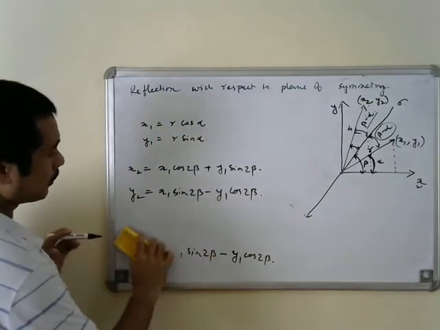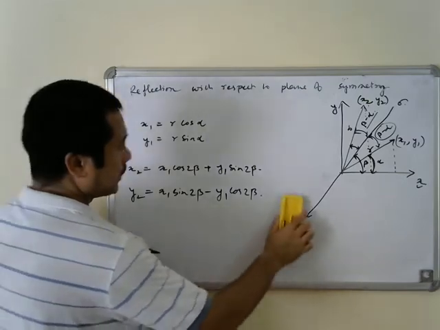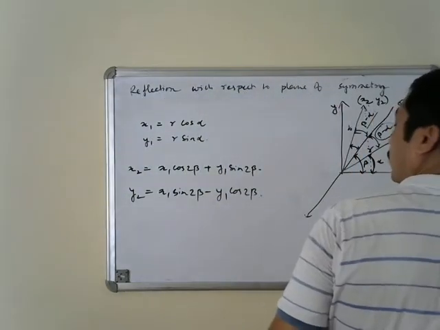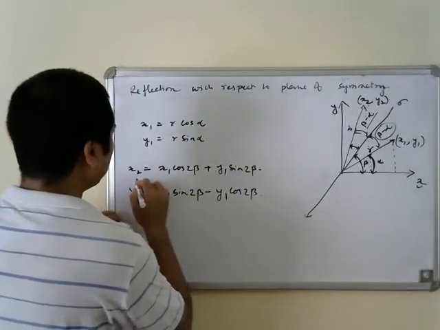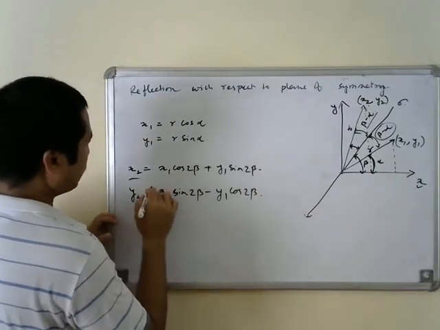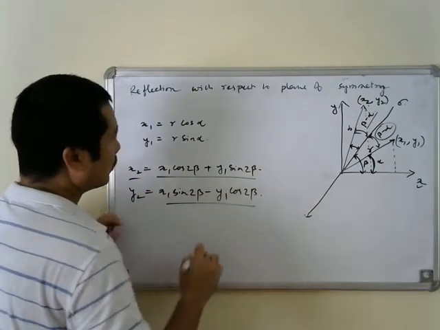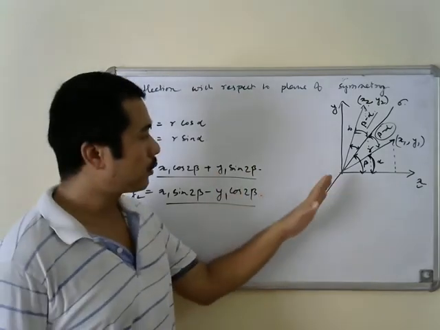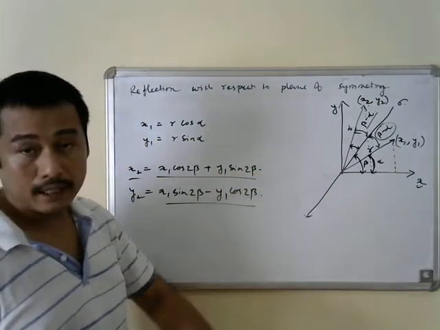So we have the final coordinates with respect to the initial coordinates, and we now know what happens to the coordinates once we do the reflection operation with respect to a plane which makes an angle beta with the x-axis.